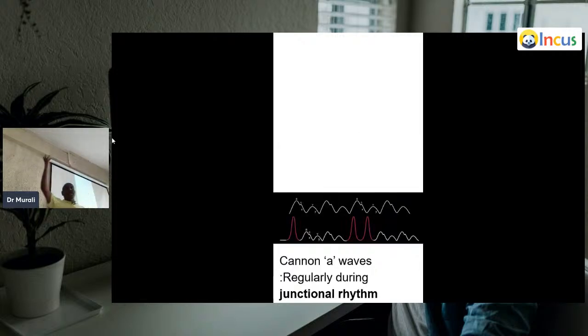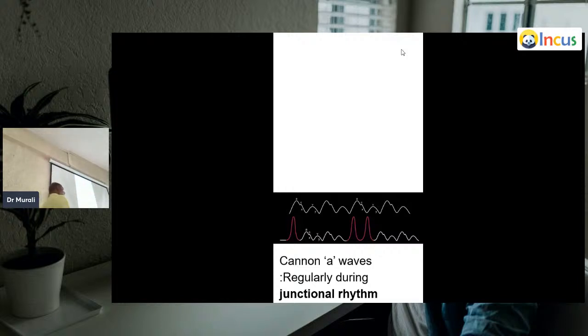Canon A waves. Canon means it will be ting, it will be rising. So it happens in junctional rhythm. What is the meaning of junctional rhythm? SA node starts the rhythm, AV node delays the rhythm, then the electrical activity will go into the ventricle. That's the normal order.